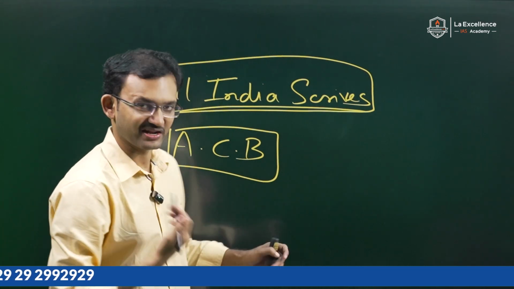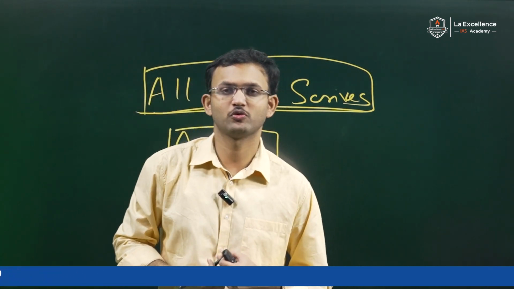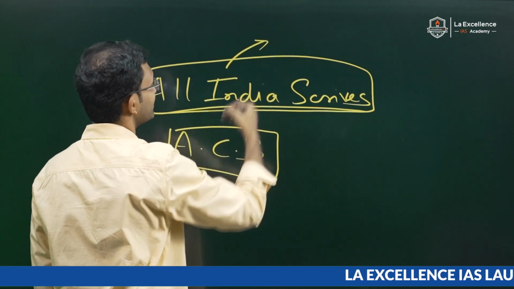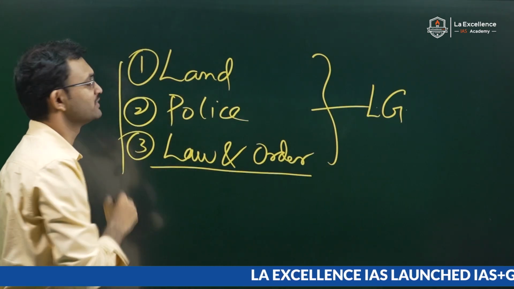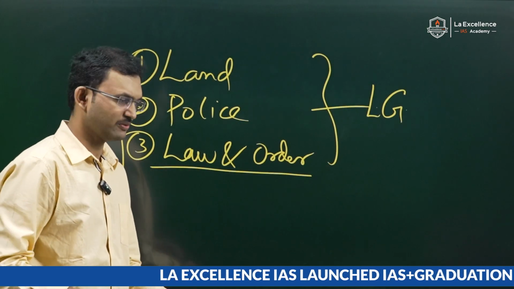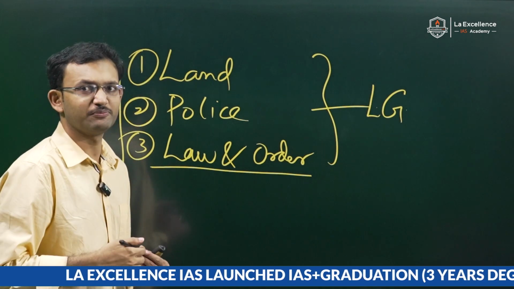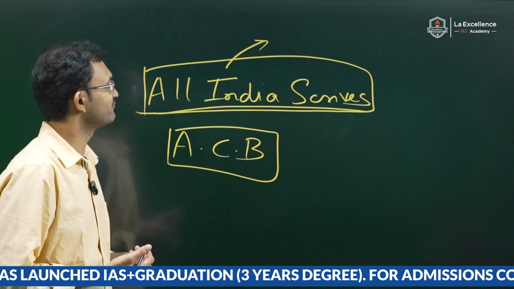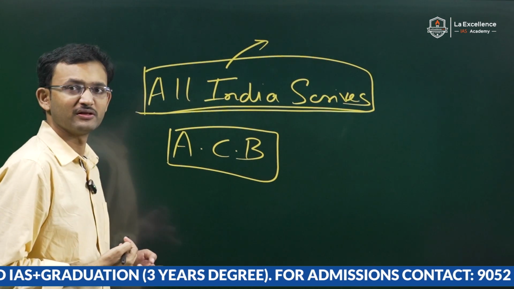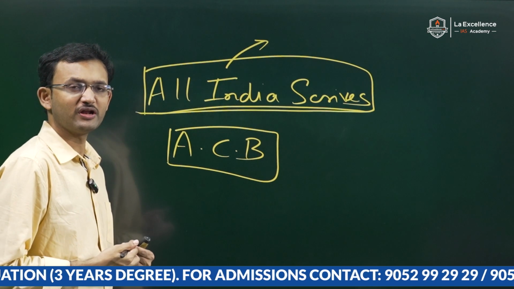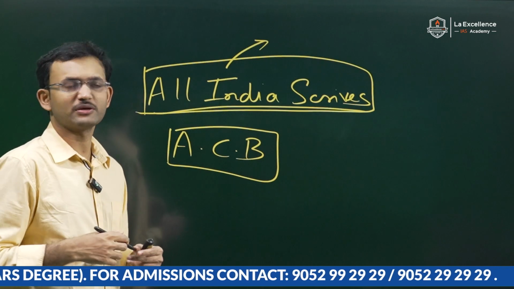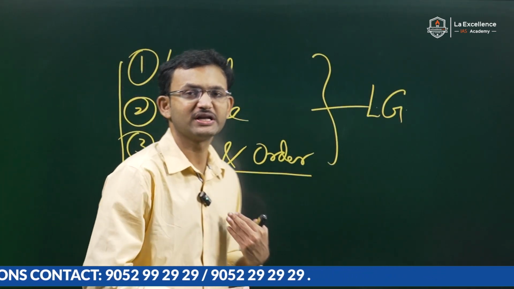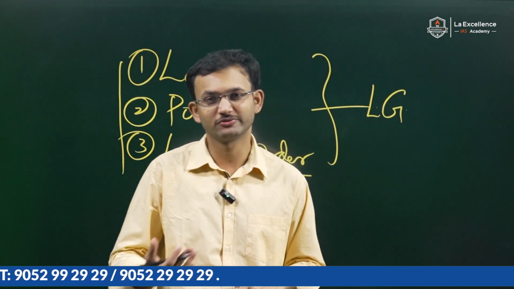This was mentioned there, but after the Supreme Court's judgment, these All India services pertaining to only these three subjects would be transferred, or even the bureaucracy is completely controlled and administered by the Lieutenant Governor. But if there is bureaucracy related to other subjects other than these three, the Lieutenant Governor would not directly interfere, at least as per the Supreme Court's judgment.